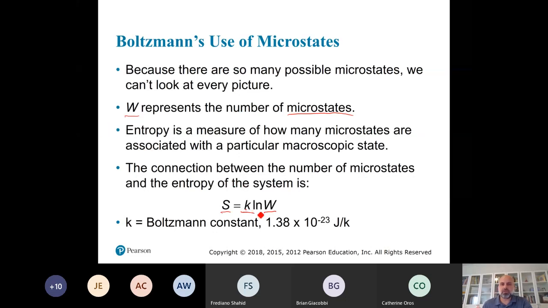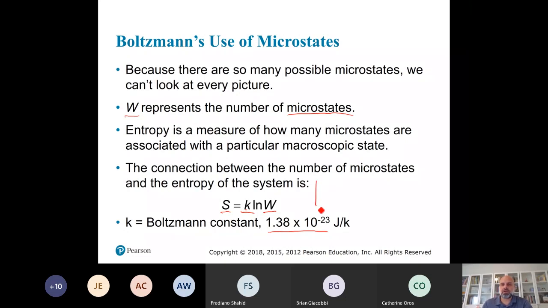As W increases, you see a proportional increase on the right-hand side, and it's related to this Boltzmann constant, right? And the Boltzmann constant is a tiny number. So the more microstates you have, the larger the entropy is, the more disorder that exists, which makes sense.